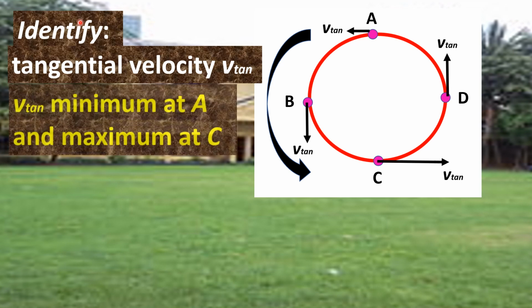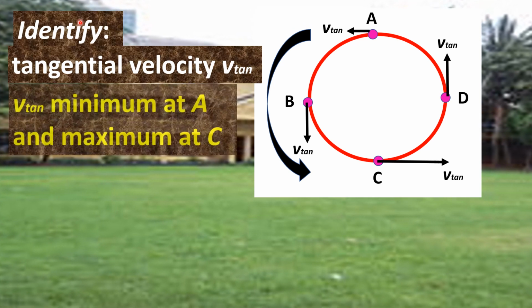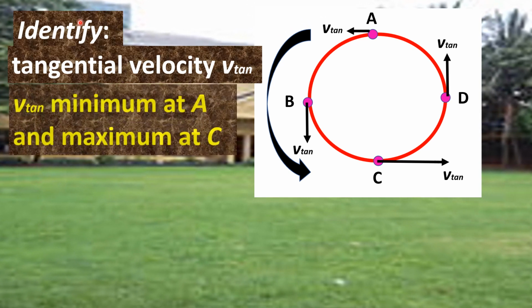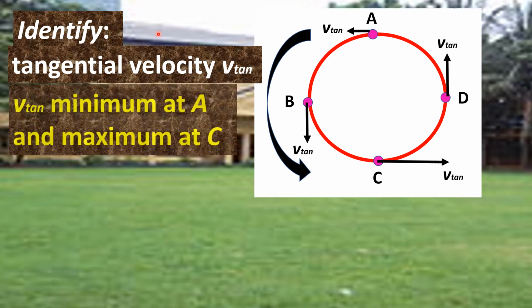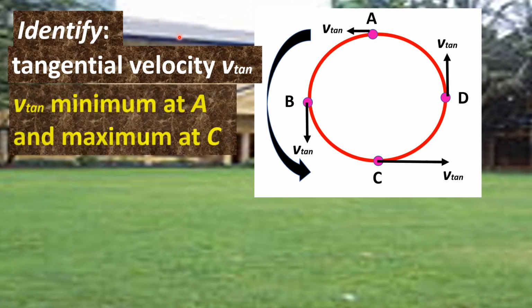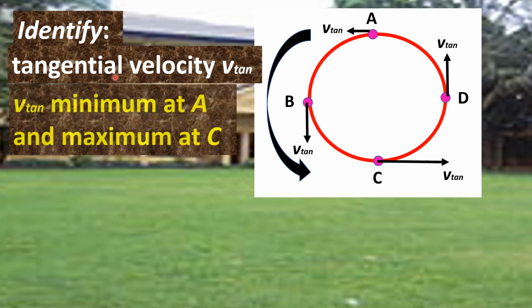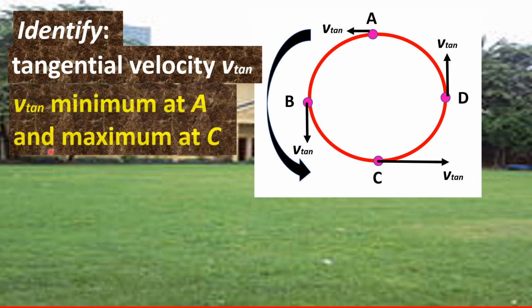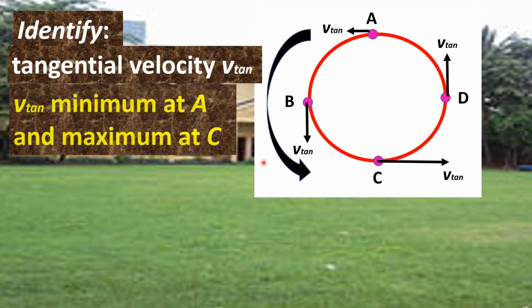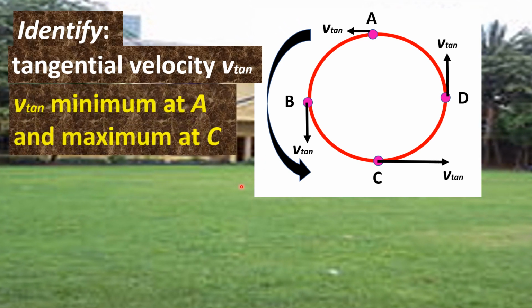V sub tan, or the tangential velocity, is minimum at point A, where it's considered the topmost point in the path, and its maximum at point C, the lowest point in the path.